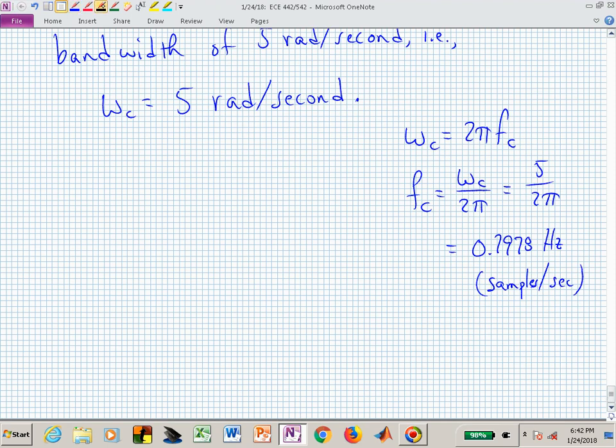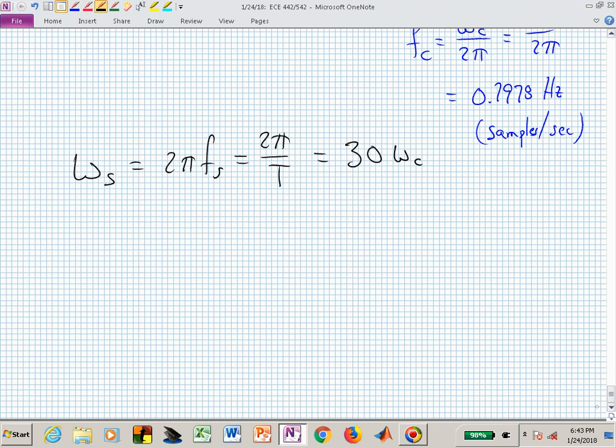We use that closed loop bandwidth, omega sub c, to figure out how fast we sample with omega sub s. Omega sub s is now 2 pi f sub s, which is 2 pi over T, and we want that to actually be 30 omega sub c. And you could play with the units if you want to. Omega sub s is radians per second.